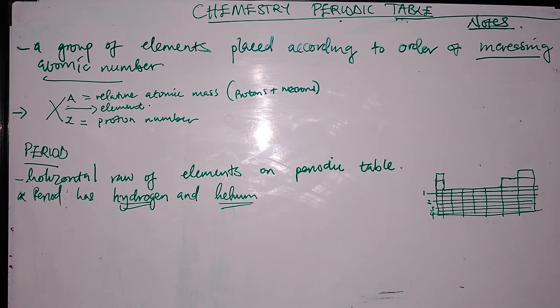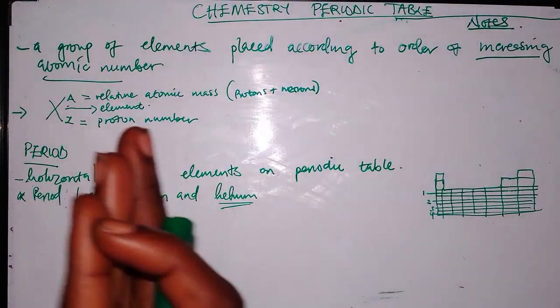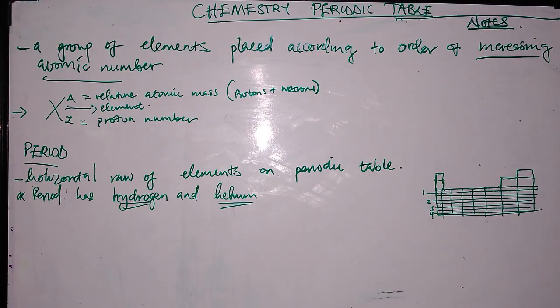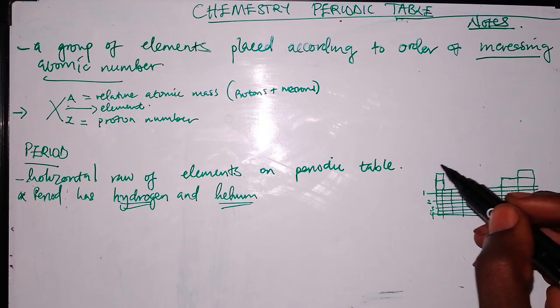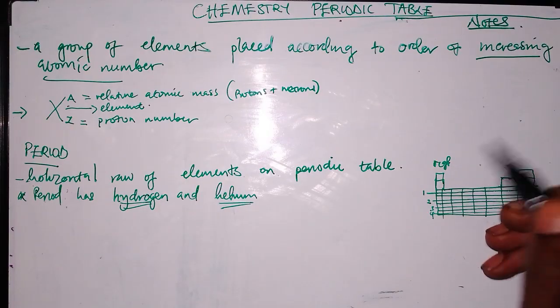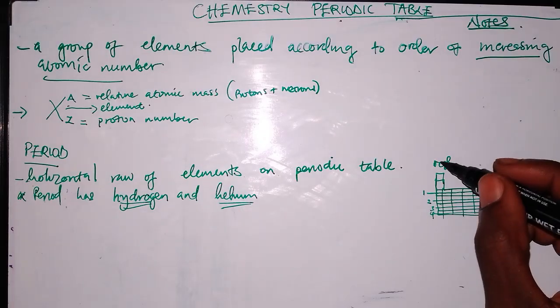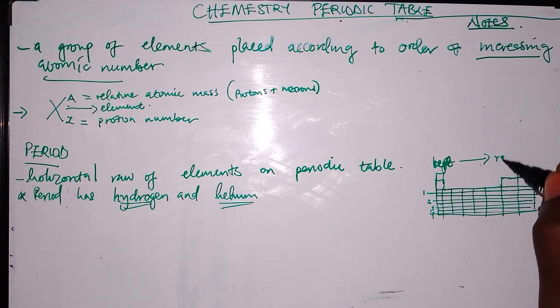Now you need to understand the properties of the periodic table concerning the periods. How do elements on the periodic table react when they are moving from left to right?